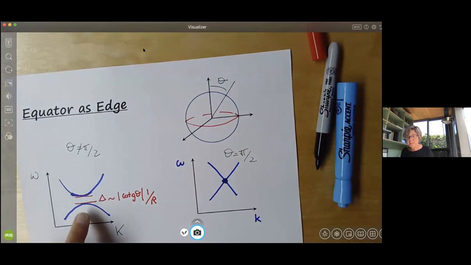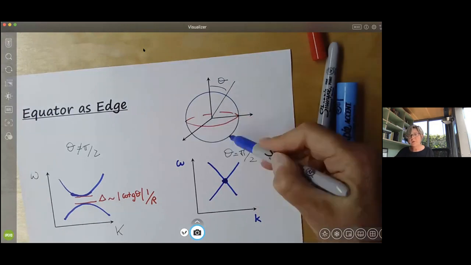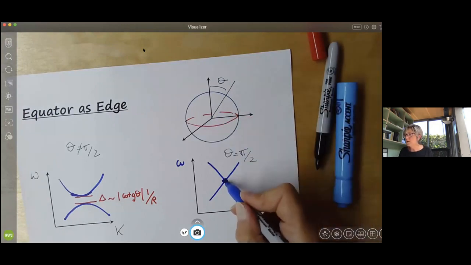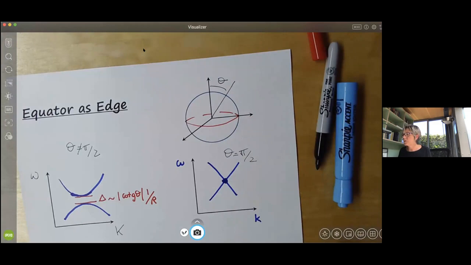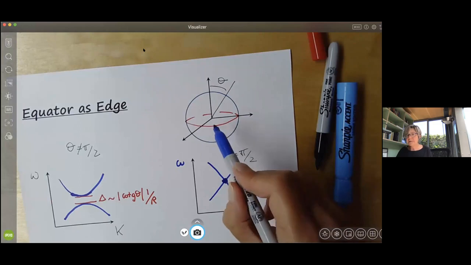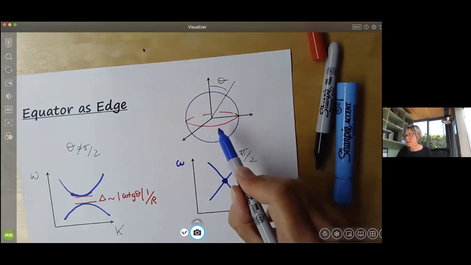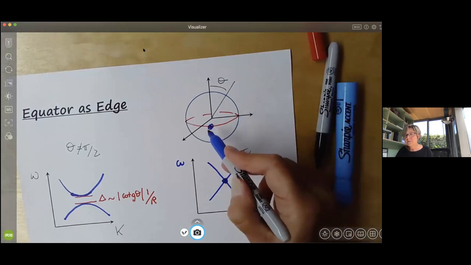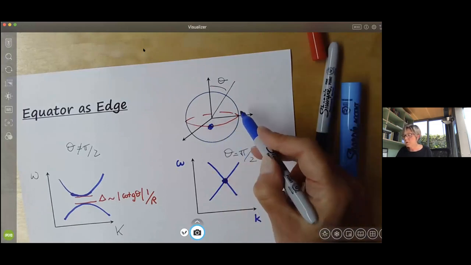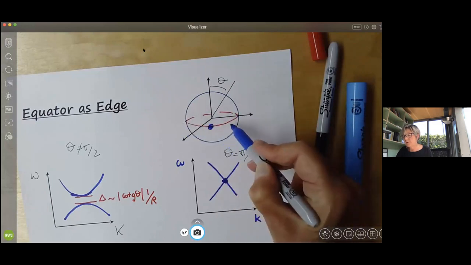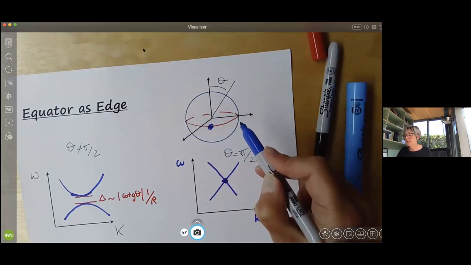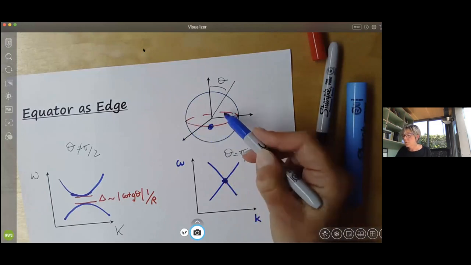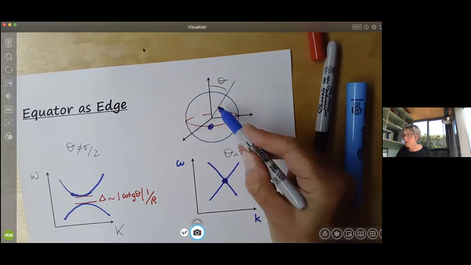It creates a gap for the propagation of the sound waves anywhere in the bulk away from the equator, and the sound waves are only allowed to propagate at the edge. As a result, if I excite a density fluctuation on the equator, this density fluctuation propagates undisturbed and unidirectionally, in the direction dictated by the broken time reversal symmetry of the system, along the equator.